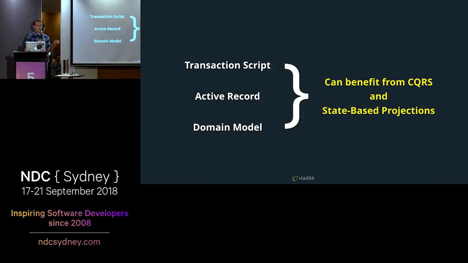We found that CQRS can be very beneficial for all kinds of business domains, even for those implemented as simple transaction scripts or active records. In such cases, you can do projections out of the persistent state. We call them state-based projections. And by using CQRS in this way, we've tamed lots of complexities, for example, in the marketing context, despite the fact that the vast majority of the business domains in this bounded context were implemented as active records.